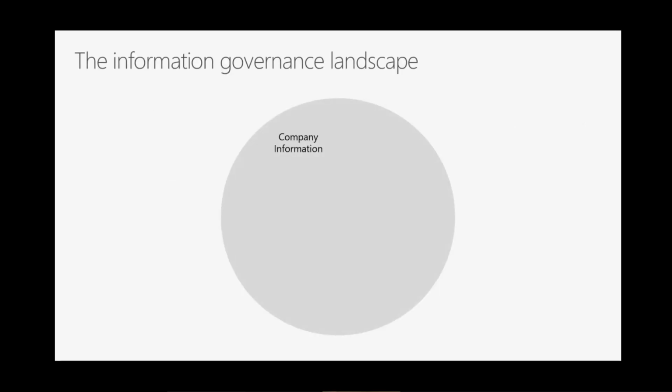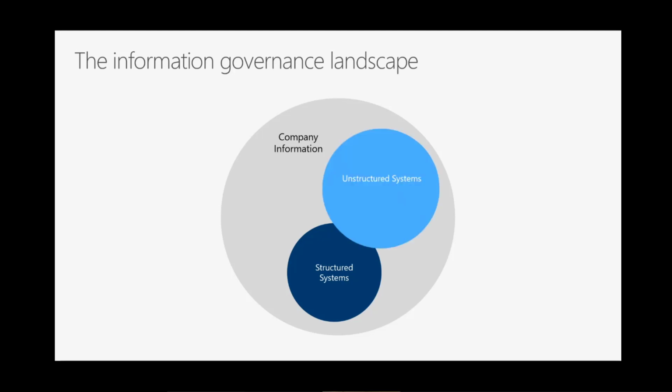So if we think about it, you have a large set of company information. It could be anywhere. You then have structured systems. So I think of email, right? A structured system that you have data in. You have unstructured data that lives across your file shares, or other applications that you're running. You even have paper still that you have to think about when you're looking at your information governance plan or your labeling concepts.